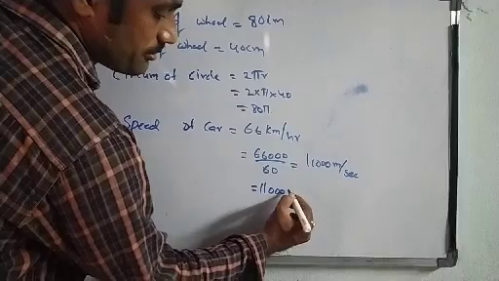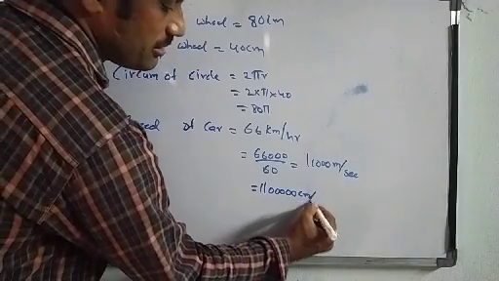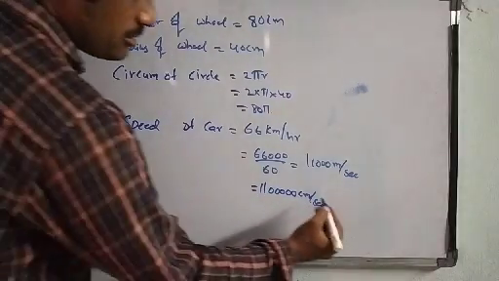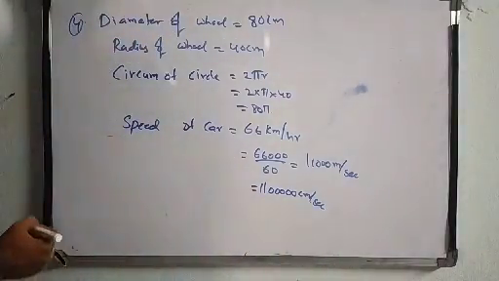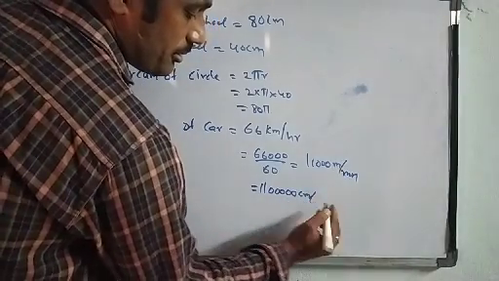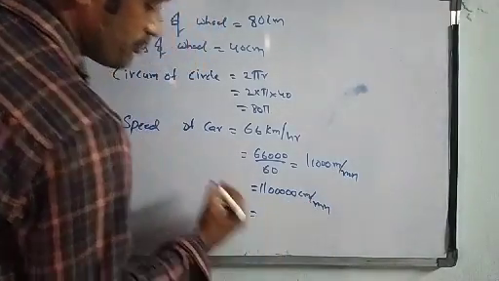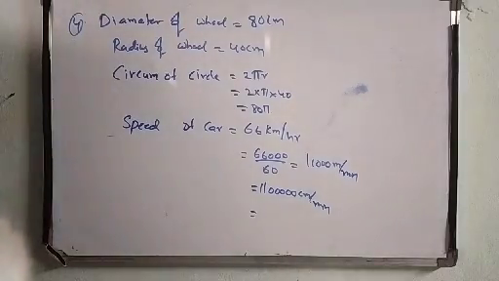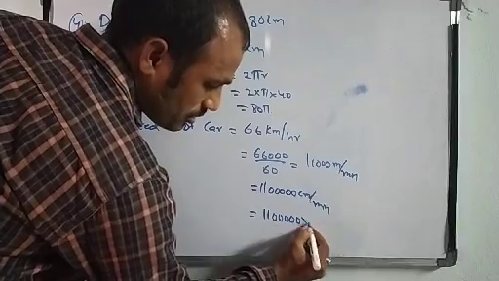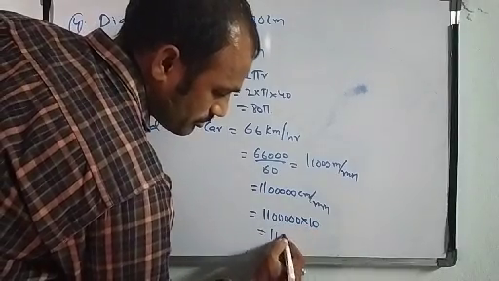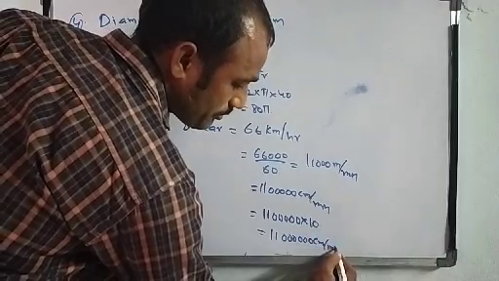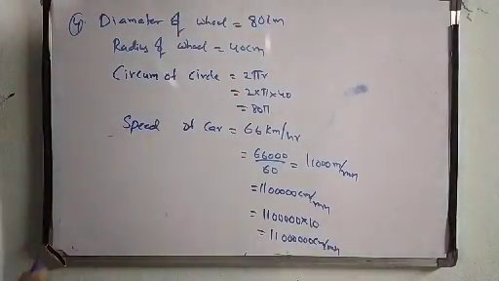So adding 2 zeros, it becomes centimeter per minute. He is asking for how many minutes, 10 minutes. So into 10, it will become 1,100,000 centimeter. So this is the total distance traveled by the car.